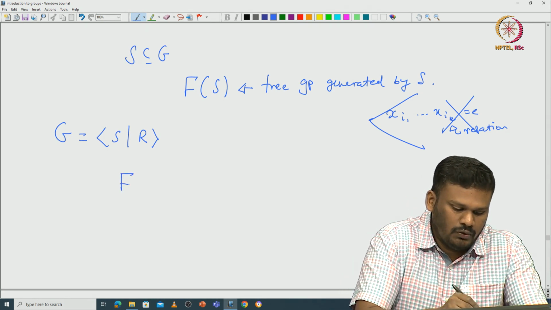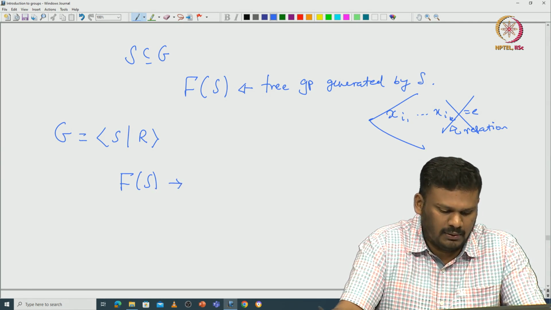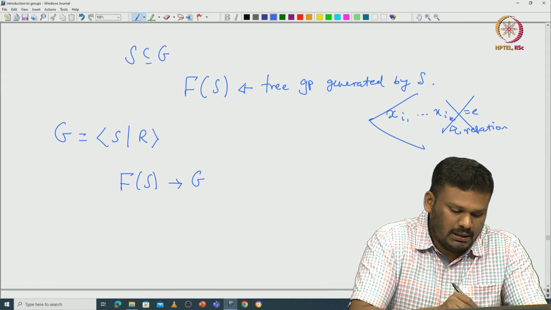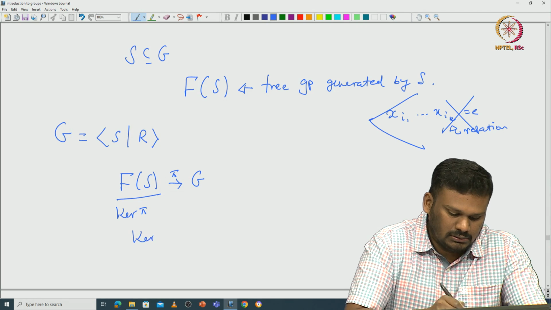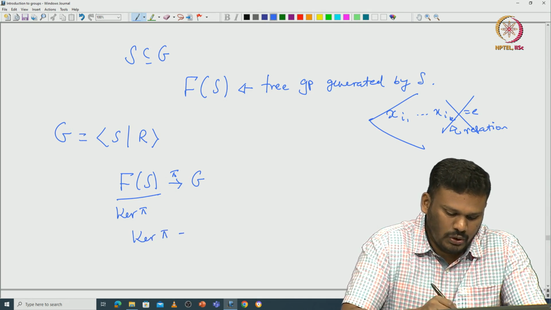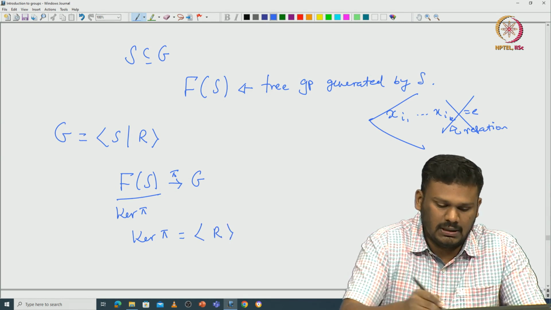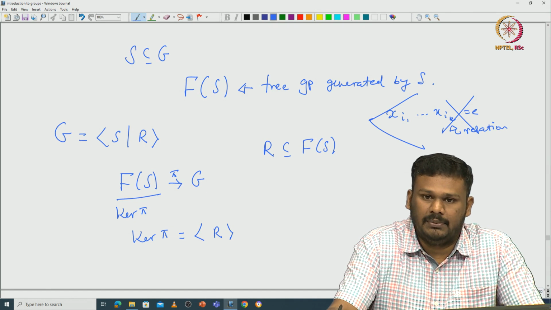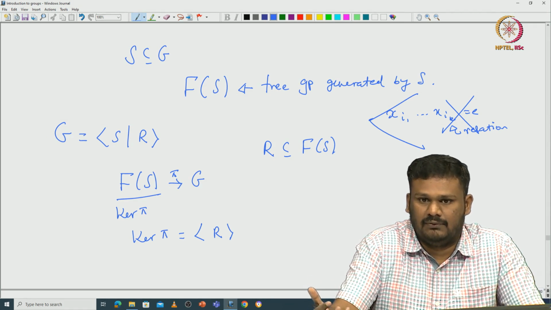It means you will be able to define a group homomorphism from F(S) to G, because G is generated by capital S. Let us call this pi. Its kernel is actually going to be generated by the elements of capital R. This R is indeed coming from F(S). Elements of F(S) can be thought of as words formed from alphabets coming from capital S, which is a collection of elements.